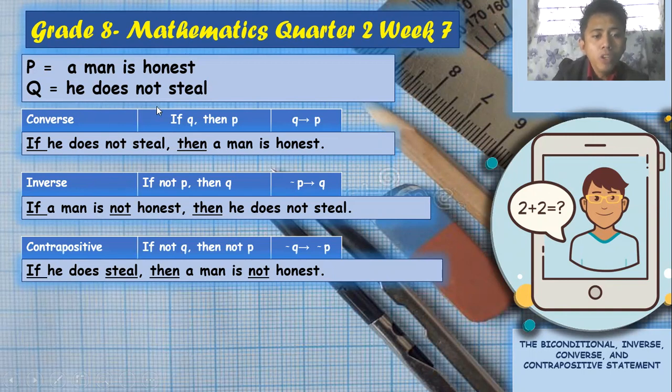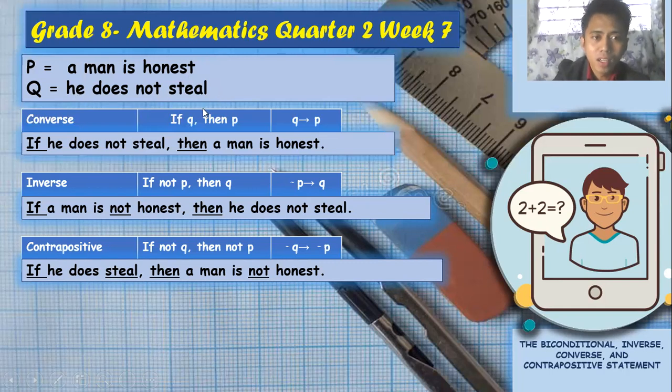Obviously we cannot write "not" before "not," because it would sound like "he does not not steal," which is grammatically incorrect or redundant. So instead, let's remove the word "not," because by removing "not" we get the opposite of our Q: he does steal.